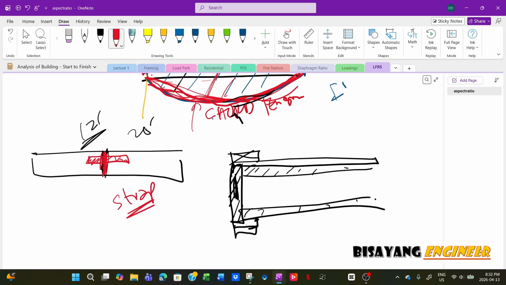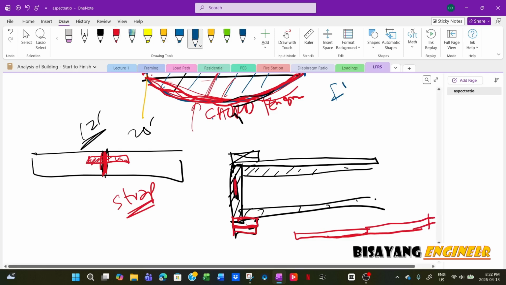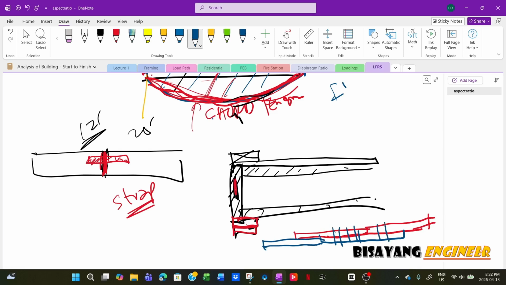Now the same if you are not using the rim board, then you can use the top plate. And usually the splice of the top plate is staggered like that, and then this one is staggered like that. So you can fasten this one, right?